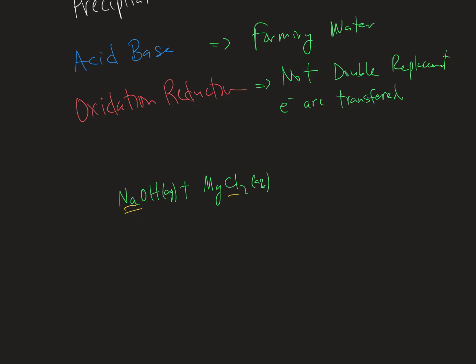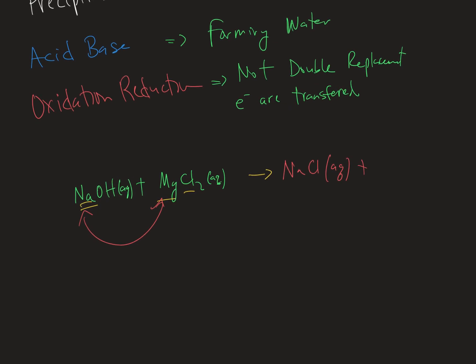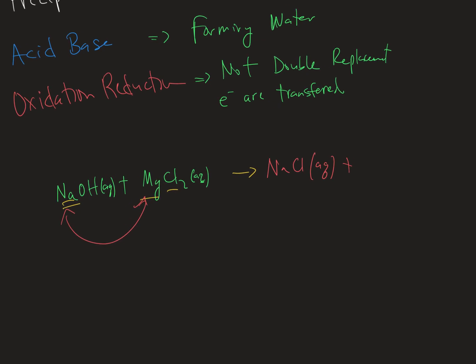Chlorine is soluble, and magnesium is not one of the exceptions. So this is a double replacement reaction. These guys are going to swap partners. Sodium goes with chlorine. Is that aqueous? Yes, because it has sodium. And magnesium goes with hydroxide, MgOH2. Is that aqueous? No.